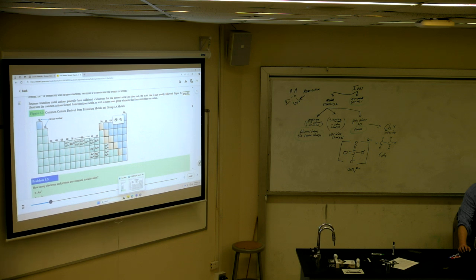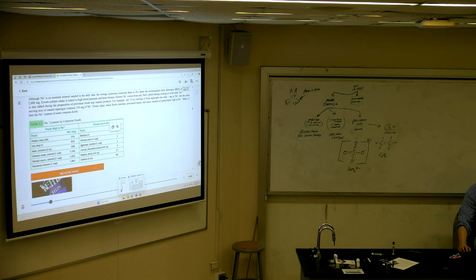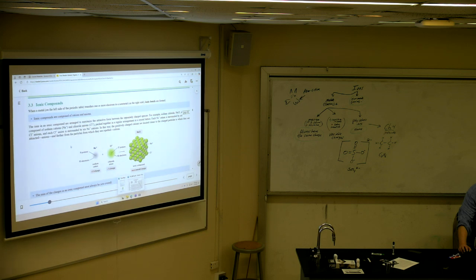It is very rare that these have other than these charges, but the fact that they do, I don't know why they would act like those are exceptions. Anyway, so think of everything down here and everything over here as having variable charges. That's important for naming. So I'll get there, naming ionic compounds.